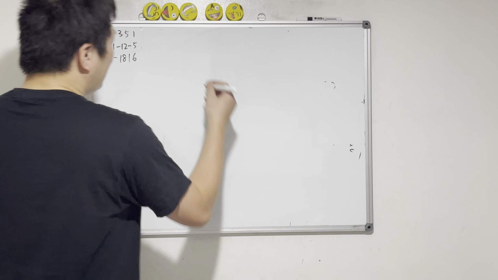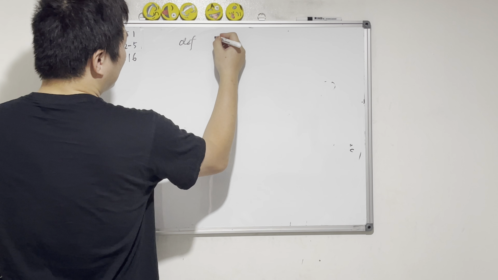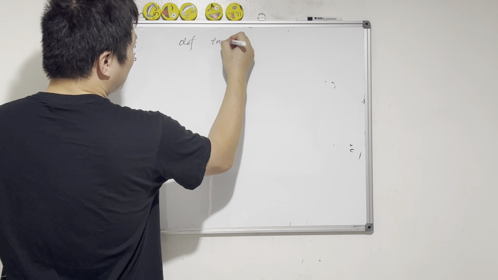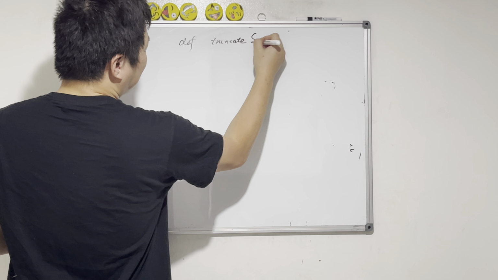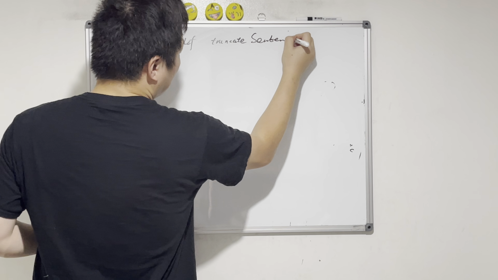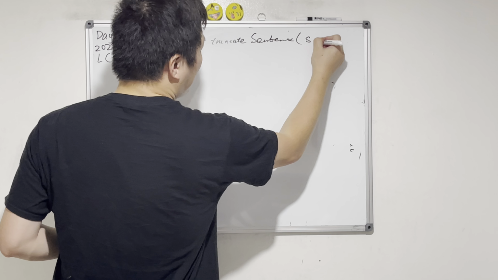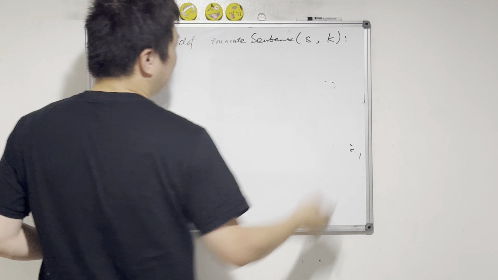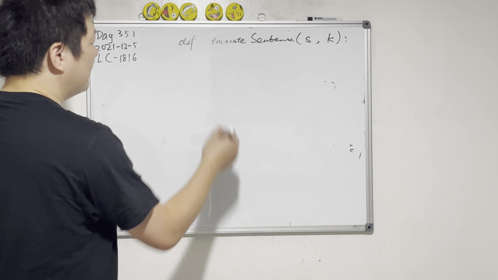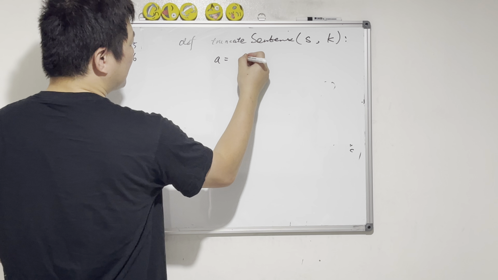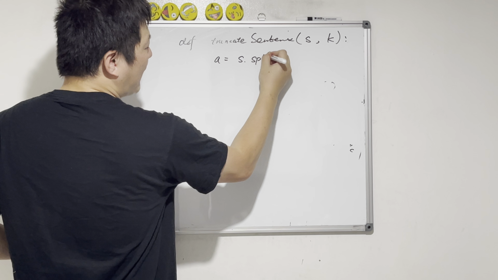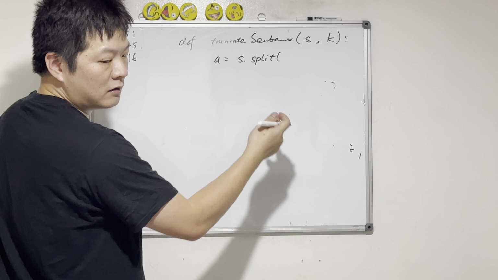So let's define the function truncate sentence, which takes the sentence S and a K. First of all, we want to split it, so A equals S dot split. Should I give the parameter or not?